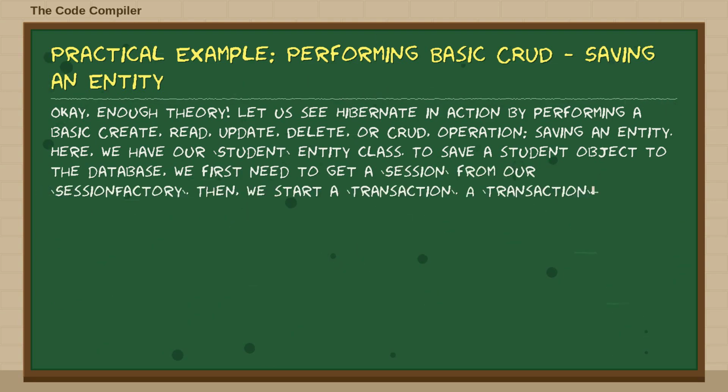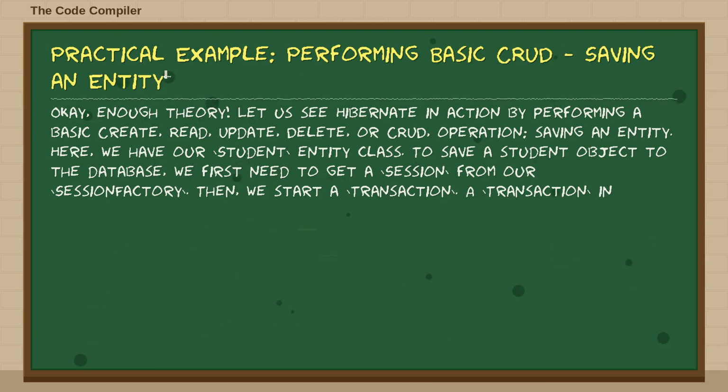Then, we start our transaction. A transaction in Hibernate ensures that a set of database operations are treated as a single atomic unit of work. Either all operations succeed and are committed, or if any fail, all are rolled back.